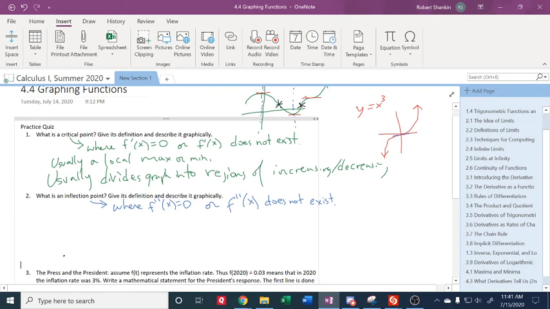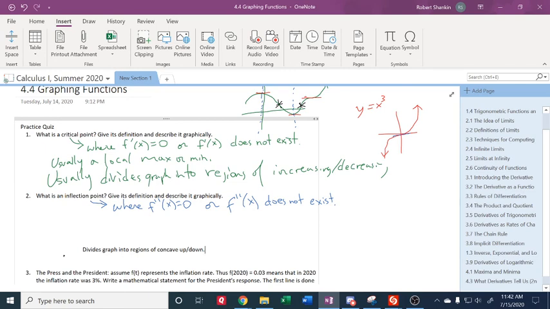Divides graph into regions of concave up, down.